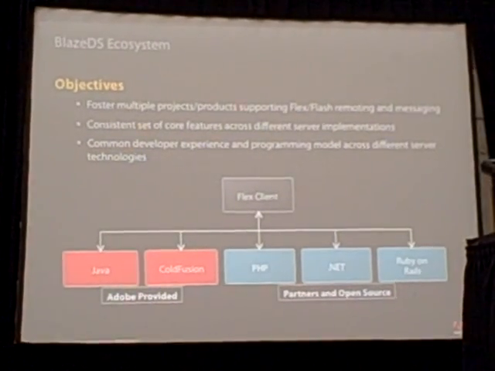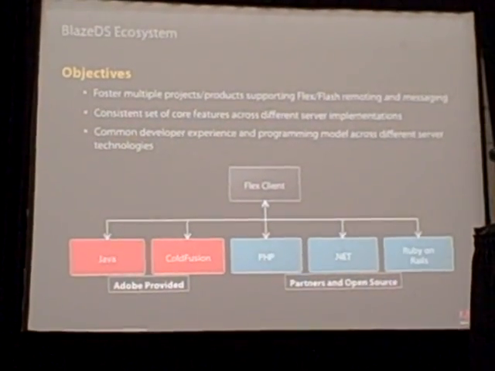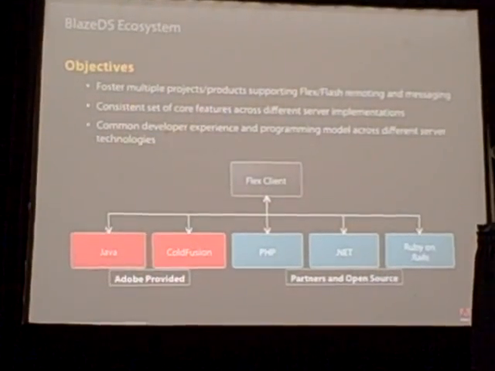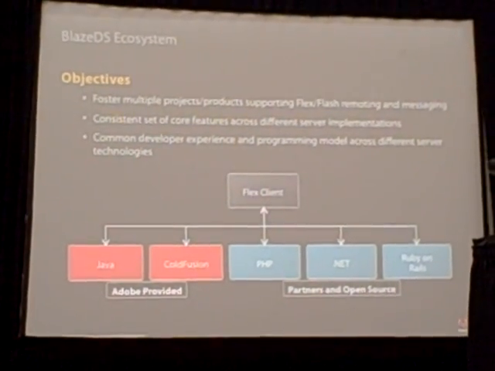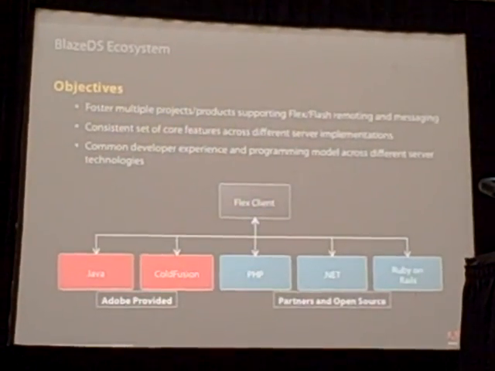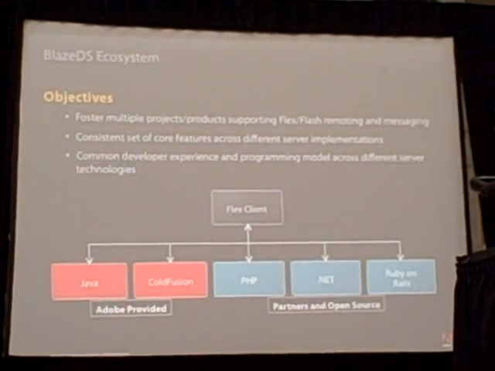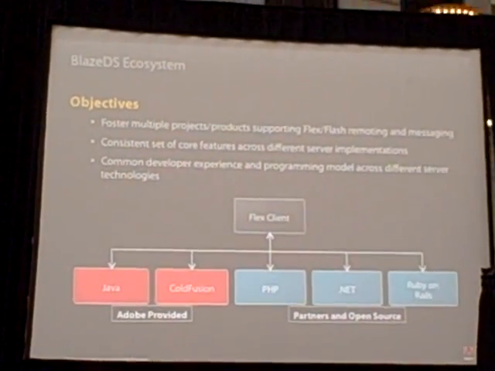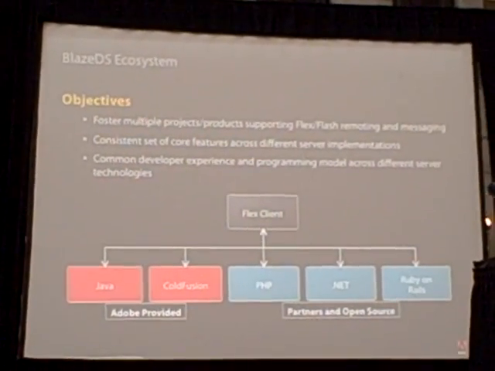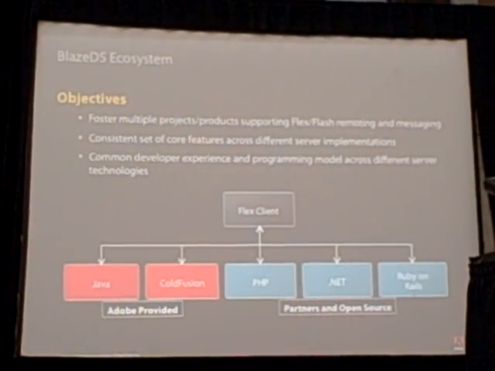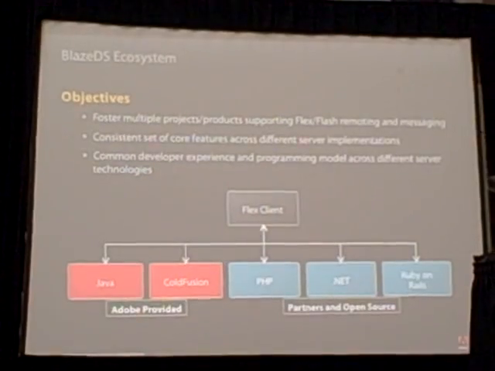And then we are working with the community, folks like WebORB, folks like Fluorine, folks like RubyAMF, and all these different other partners and open source projects to build BlazeDS implementations for the different backends, so PHP, .NET, Ruby, etc. So the idea is for the community to participate in building a lot of this stuff as well as Adobe.